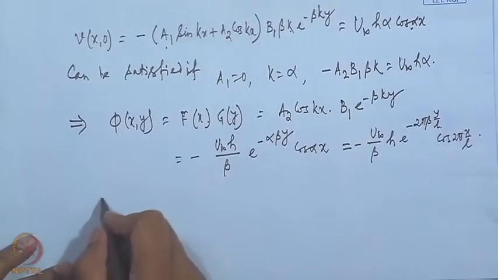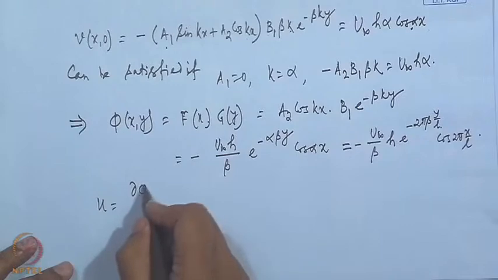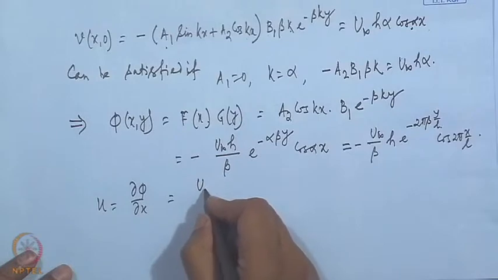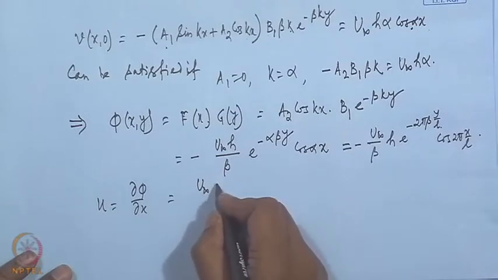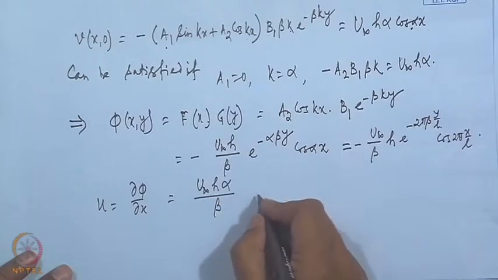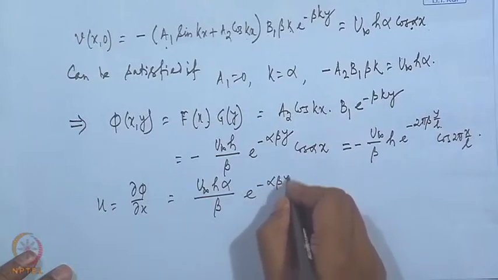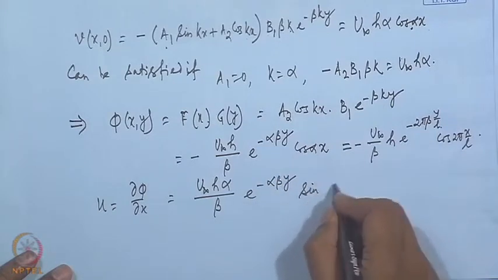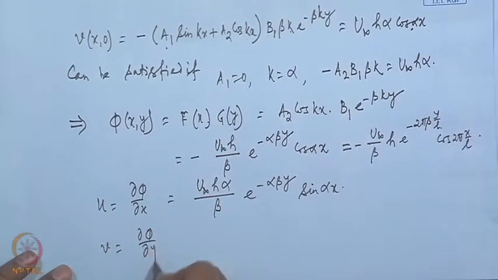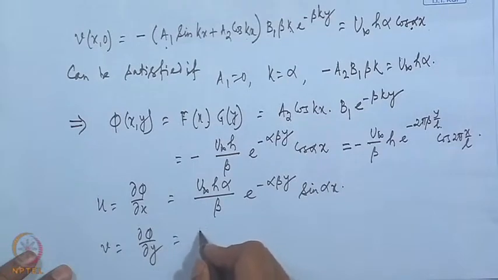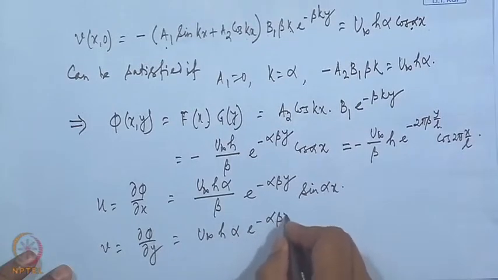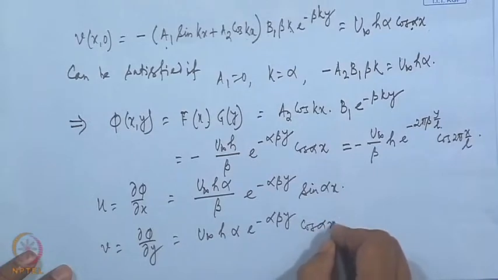The perturbation velocity components: u is d phi dx, that becomes u infinity h alpha by beta e to the power minus alpha beta y sin alpha x, and v equal to d phi dy, that is u infinity h alpha e to the power minus alpha beta y cos alpha x.